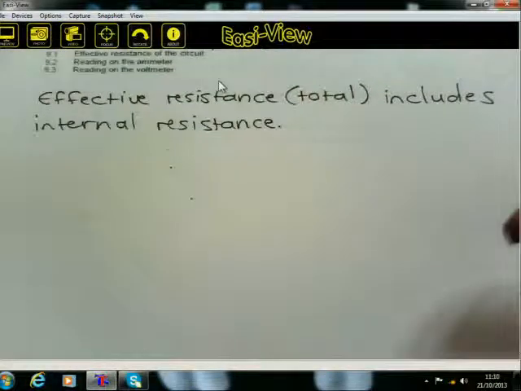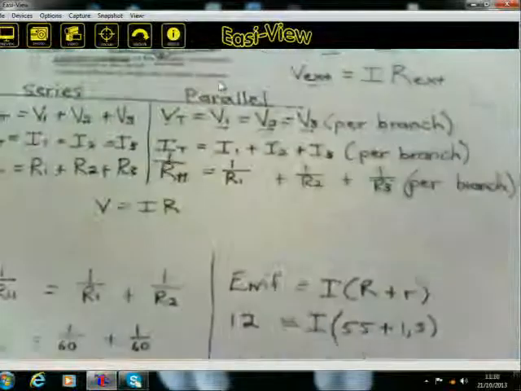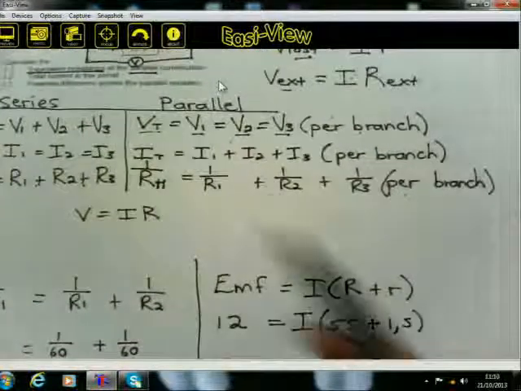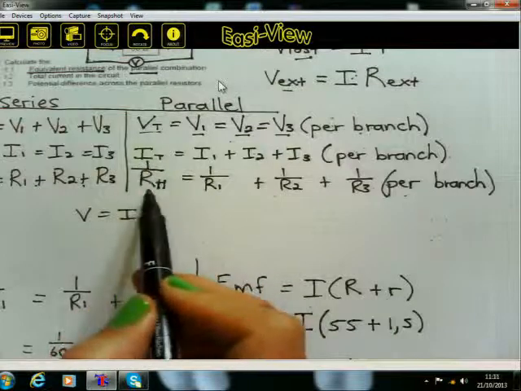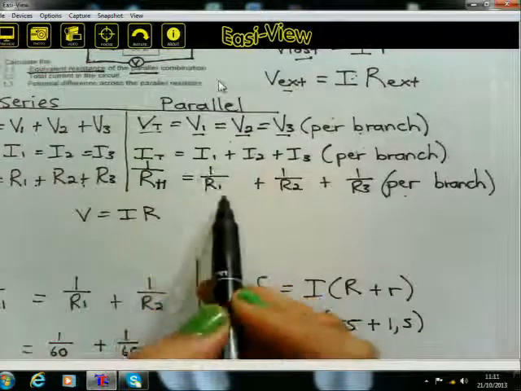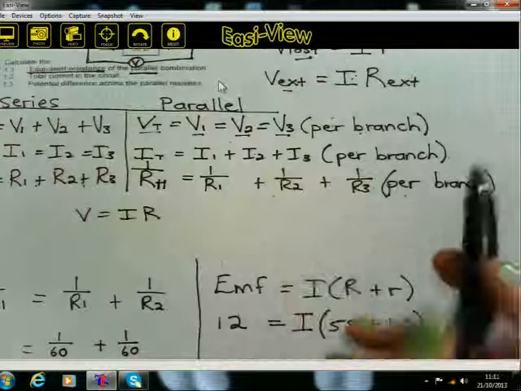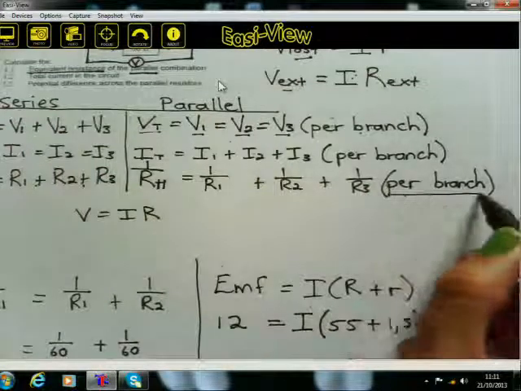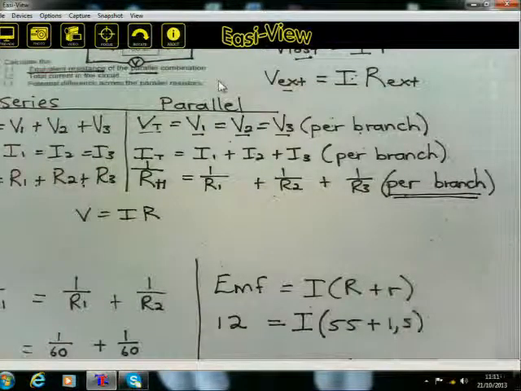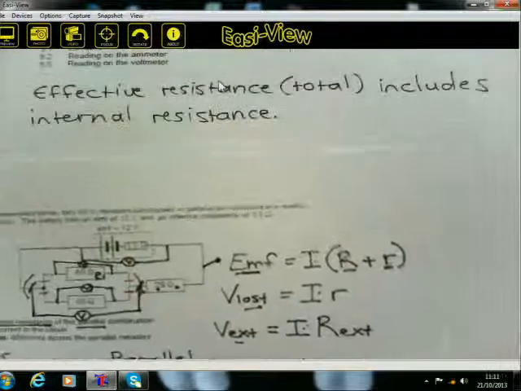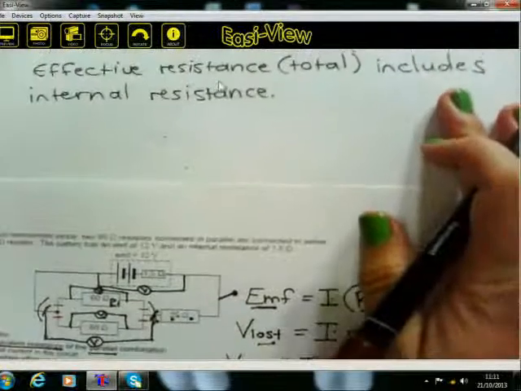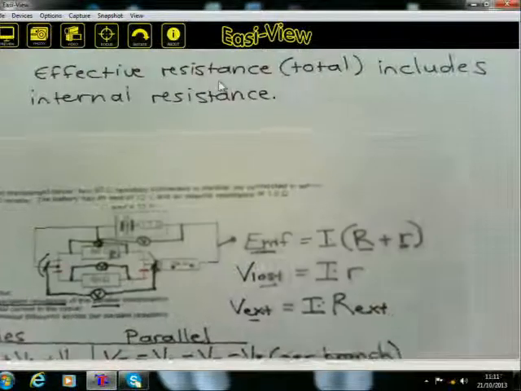Our rule again, let me find my rules. What is the rule for resistance in parallel? 1 over R parallel equals 1 over R1 plus 1 over R2, per branch. So, let's see if we can fit everything into the screen. No, we can't.